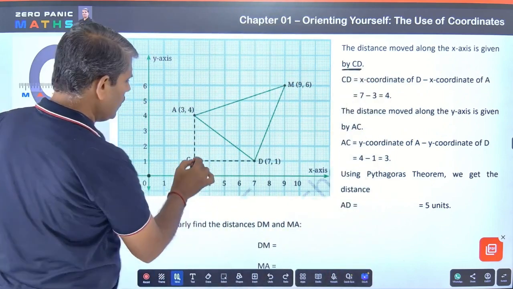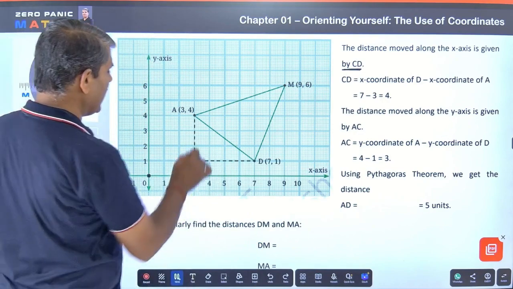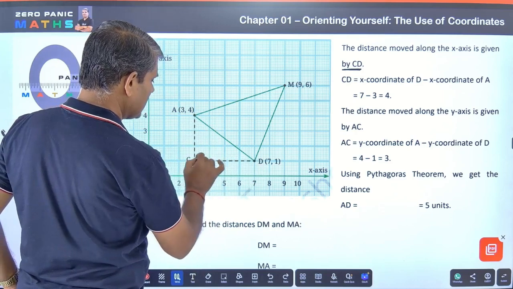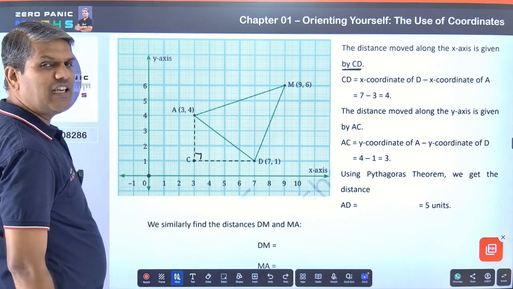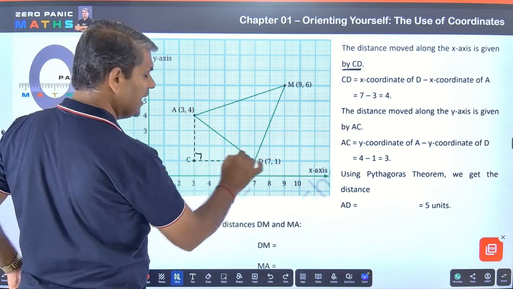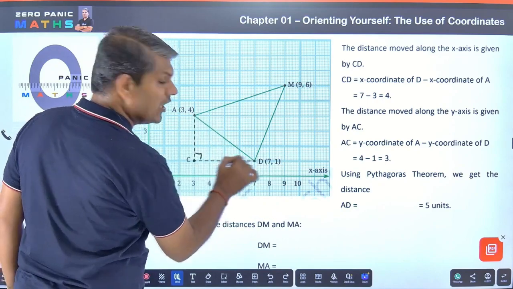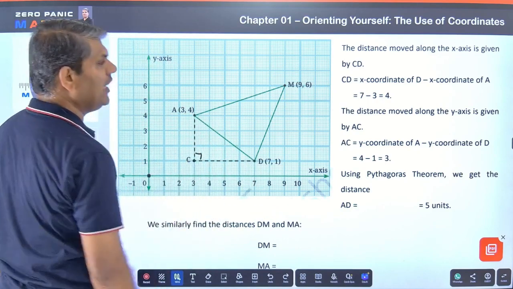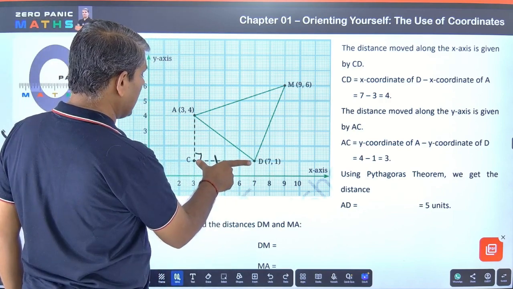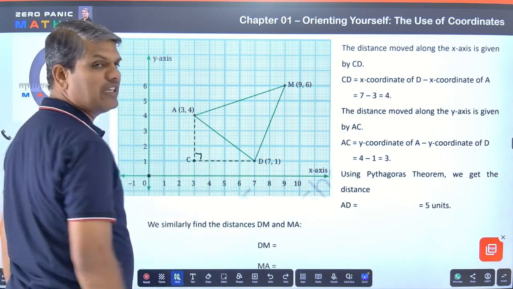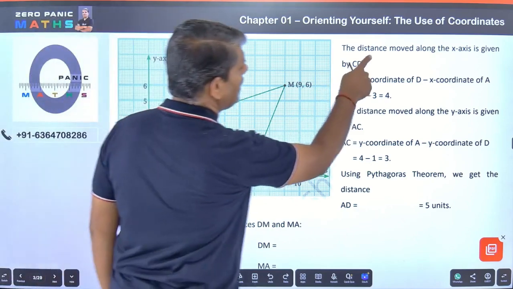If you make an imaginary point C here and draw two parallel lines, it makes a 90-degree or right angle triangle ACD, right angled at C. Now we can first find out the length of CD and the length of AC. And how do we find the lengths of AC and CD is in this way.